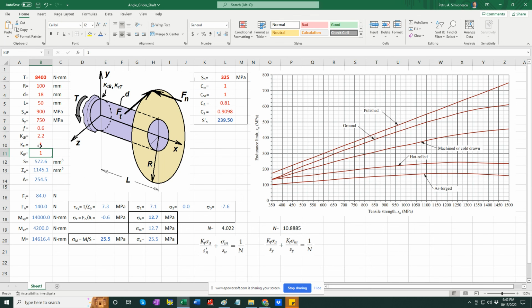Again, I have the stress concentration factor for torsion, it's implemented here. Okay, so yeah, the answer would be the design factor calculated with the intersection of the load line with the Goodman line, not the yield line.